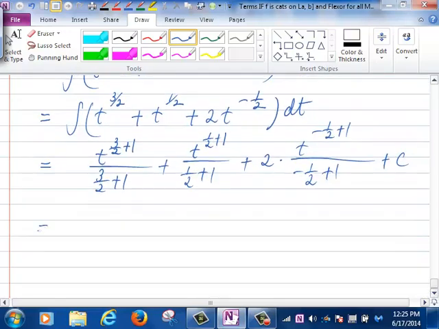Simplify a little bit, what do you get in the denominator? t to the 5 half divided by 5 half, plus t to the 3 half over 3 half, plus 2 times t to the half over a half, plus a c.